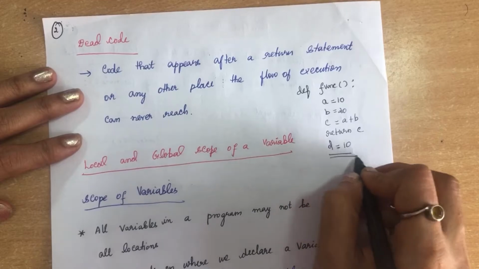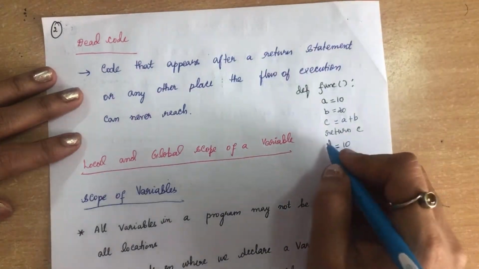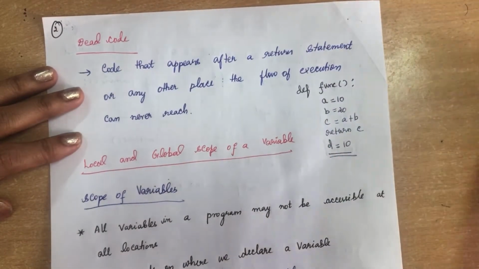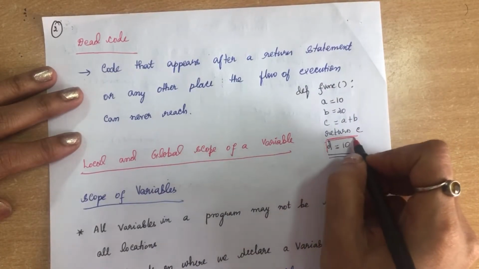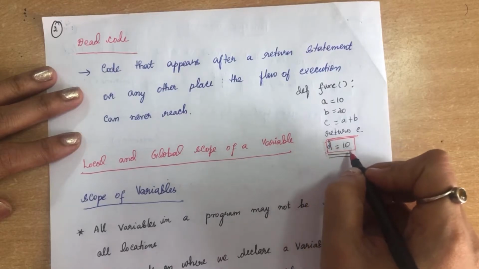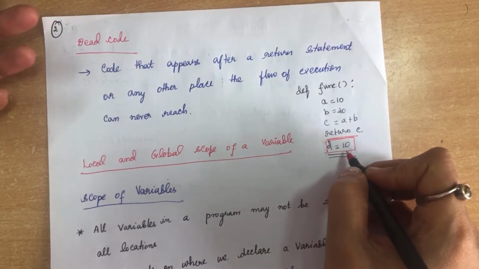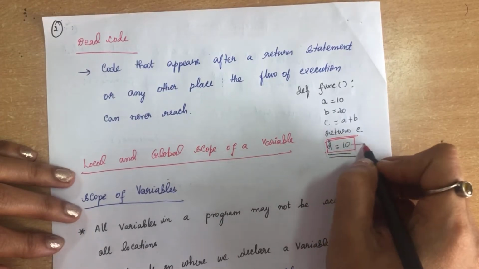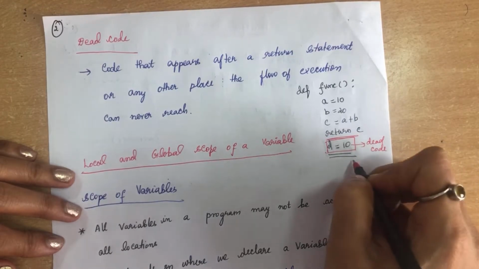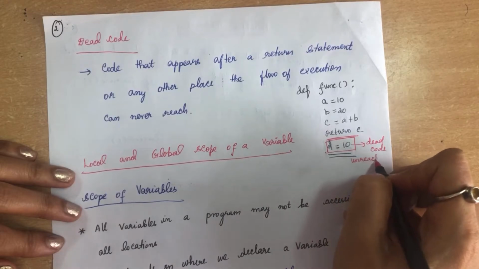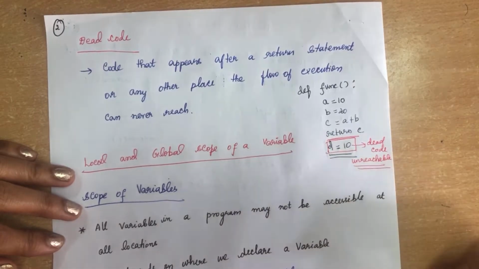So here this is the dead code. In this case, we have already returned the value to the main program, after which you write some code which is never executed during runtime, and this code is called dead code, or you can say it is an unreachable code which is never executed by the program interpreter.